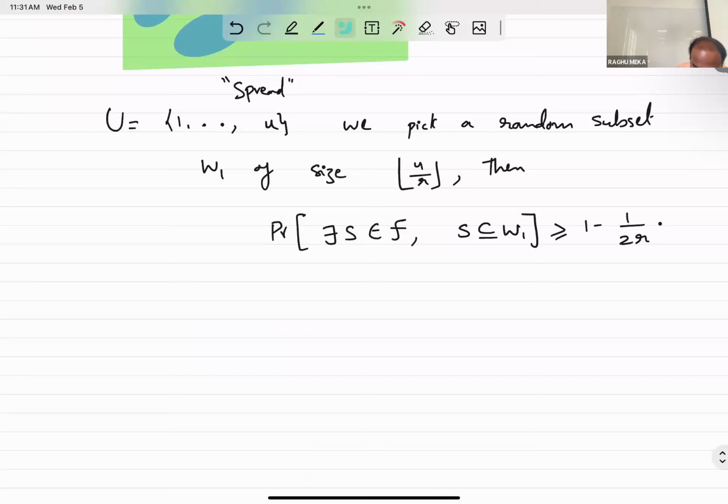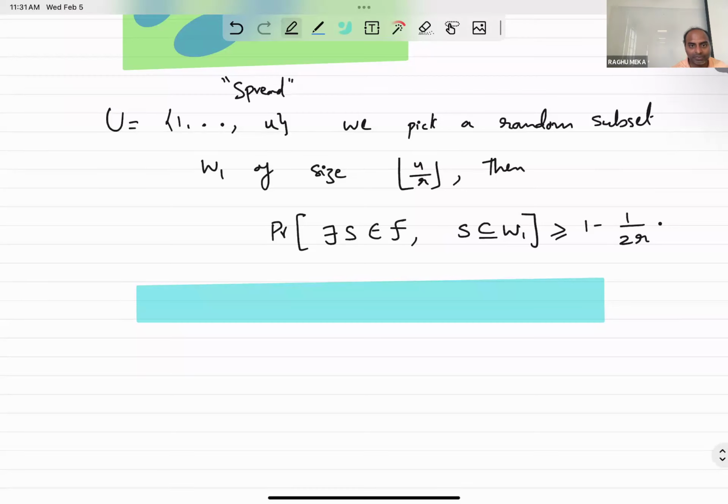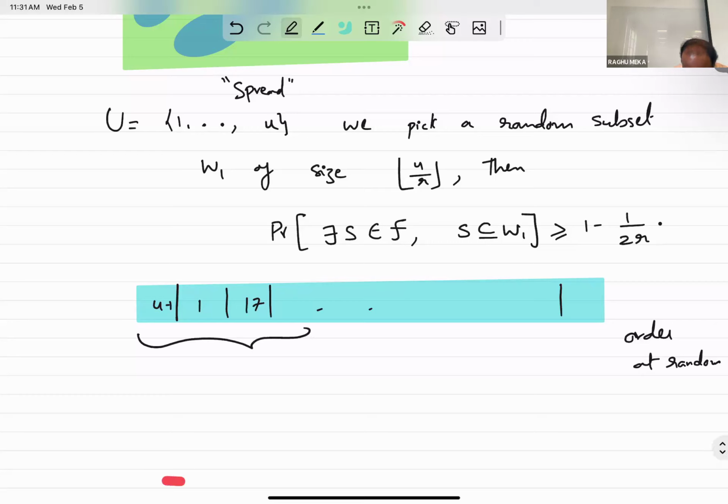One clever way, as suggested here, is to imagine I order the elements of the universe completely at random, like U minus 1, maybe 1, maybe 17, and so on. Then I say the first U over R elements are W1.